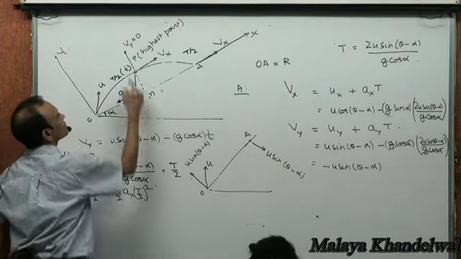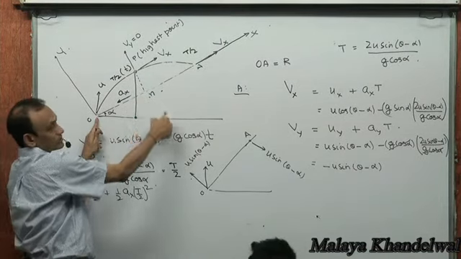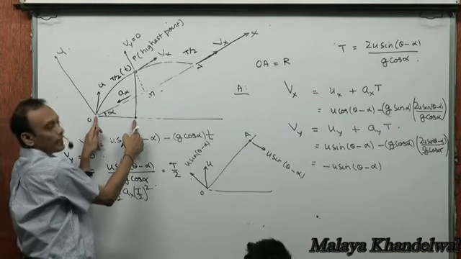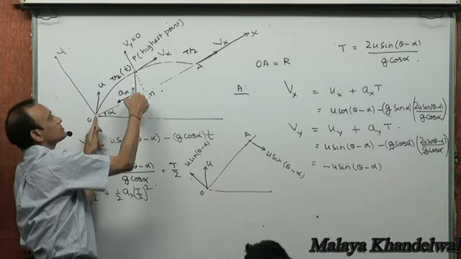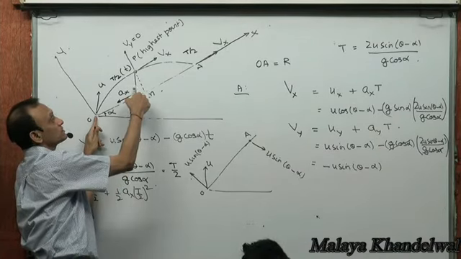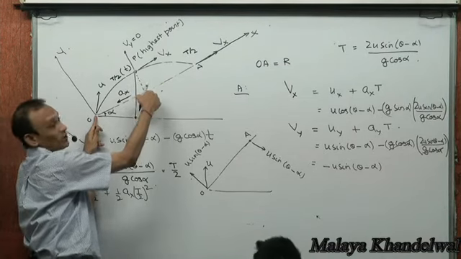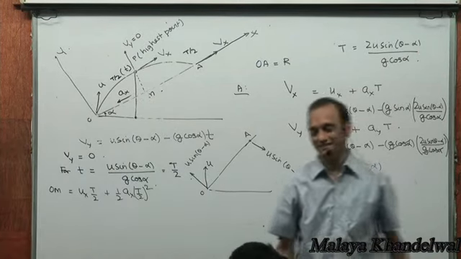When it reaches P, this is the displacement, not this. This will be u cos theta into capital T by 2 seconds, and into sec alpha will give me only this, not this. Right? That's how you got a different result. Got me?